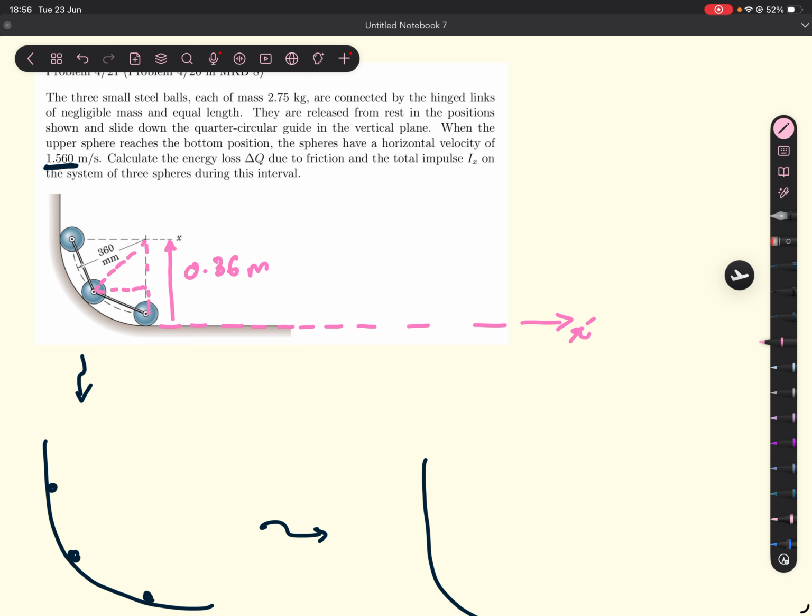No, this angle is equal to that one, and then, yeah, no, not gonna lie, I'm not seeing it.